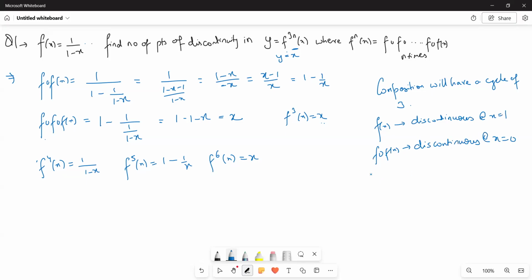And f of f of f(x), no way, that is basically continuous, because it will be y equal to x, so individually it will not have any discontinuity. We are talking about individually.